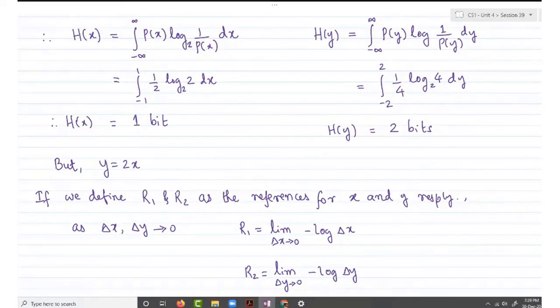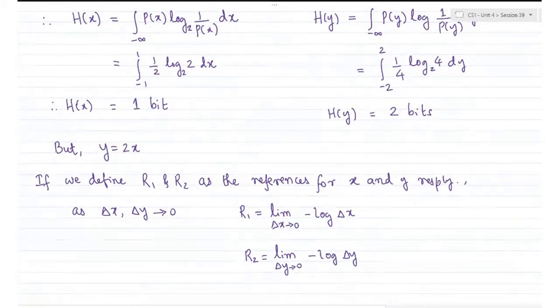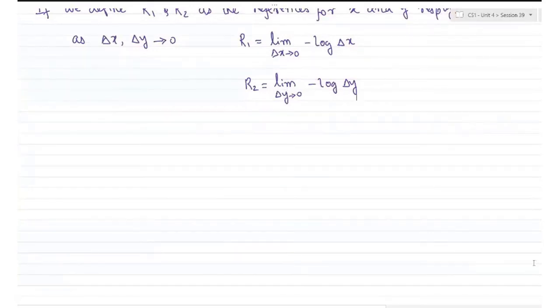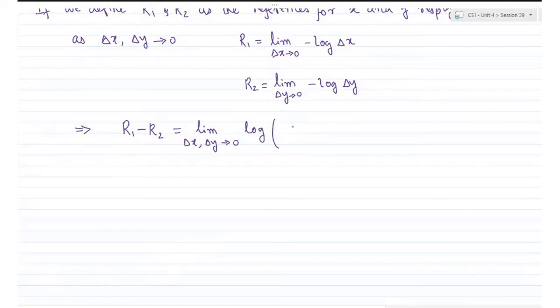Okay, so the references for each of these entropies are different. That's the reason we are not getting the entropies at the source and at the output of the amplifier as equal. So the difference of these references, R1 minus R2, as delta x and delta y tend to 0, would give me log of delta y over delta x.